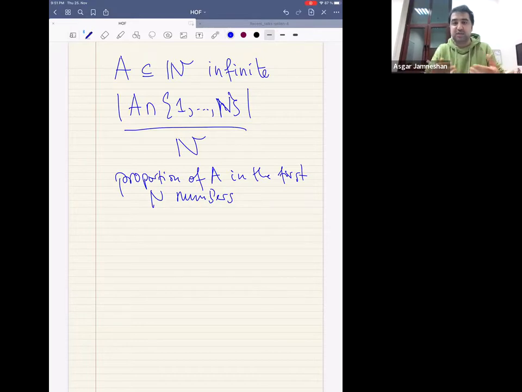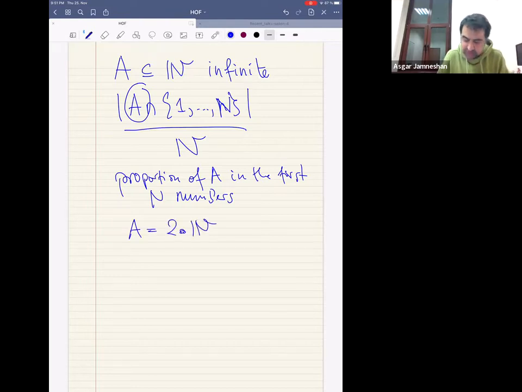So basically this just means the proportion of this set in the first n numbers. For example, if you take A to be all the even numbers, then the count will be n over 2, divided by n, so the proportion will be 1/2.